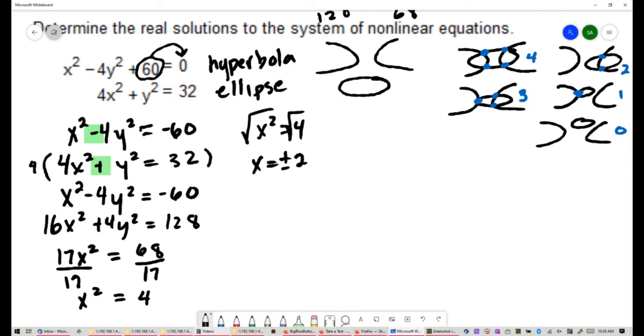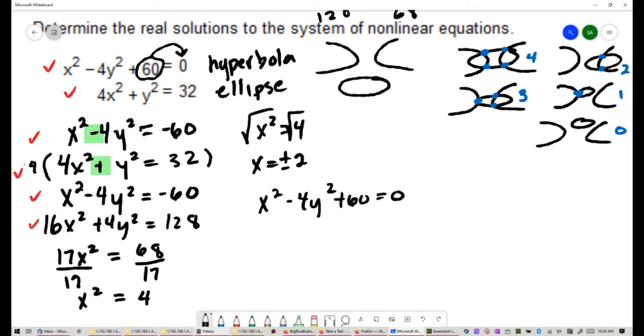You can substitute it into any equation that has two variables. So I can use the two original ones, or I can use the ones that I've modified here. Any equation with two variables. I'll use that first equation, x squared minus 4y squared plus 60 equals 0.